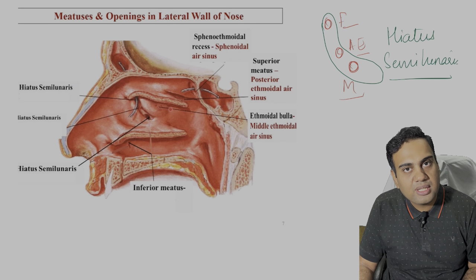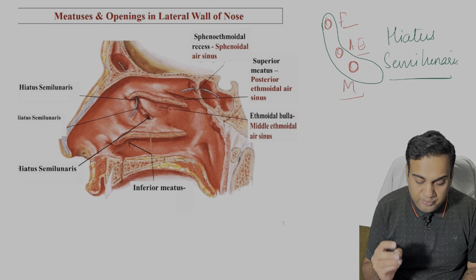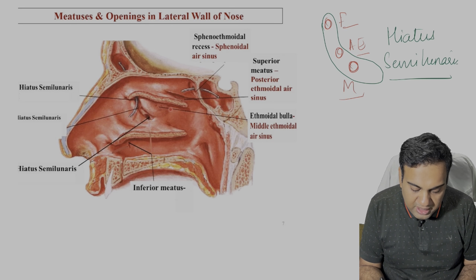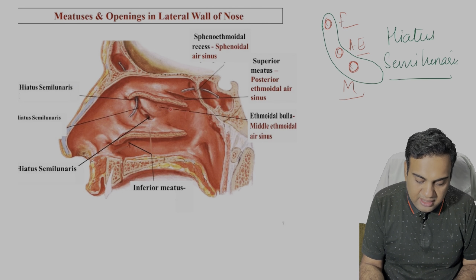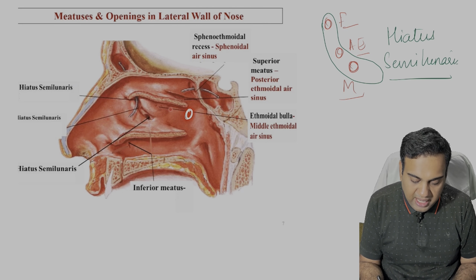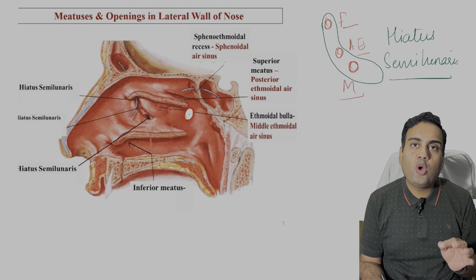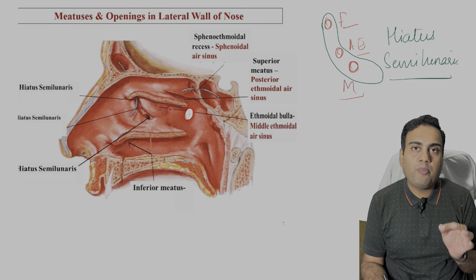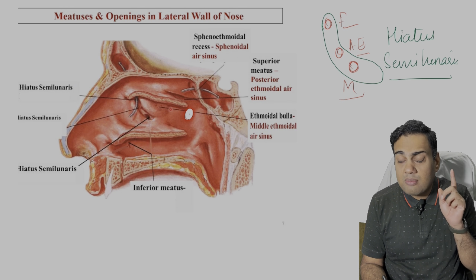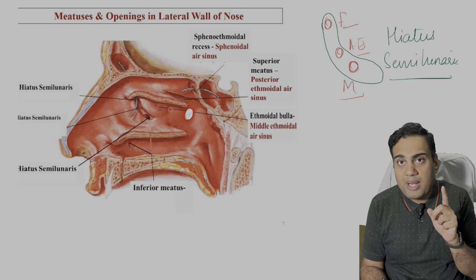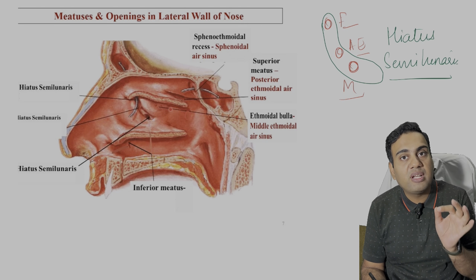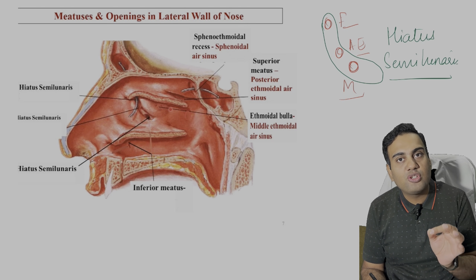Is there any doubt in this? No doubt. Wonderful. There is one small opening behind the middle turbinate. Behind the middle turbinate there is a small opening which is called as sphenopalatine foramen. And remember what comes out from this sphenopalatine foramen? The juvenile nasopharyngeal angiofibroma.